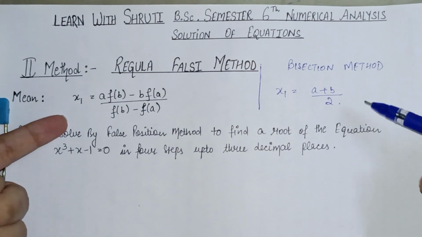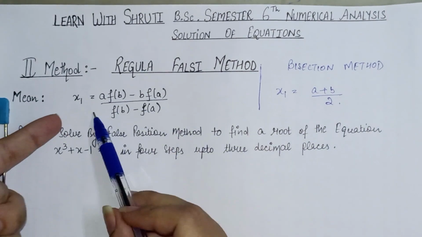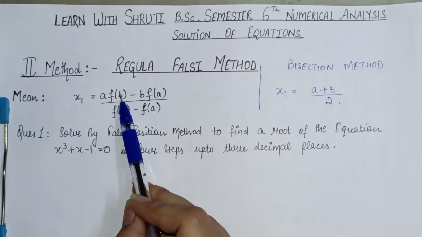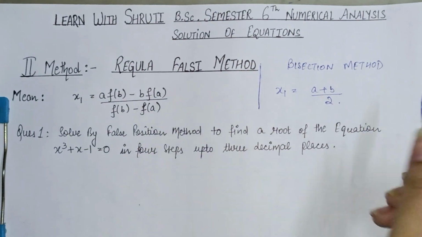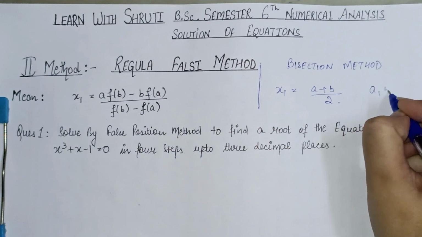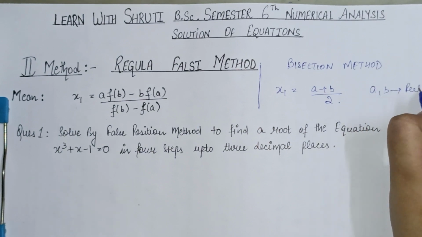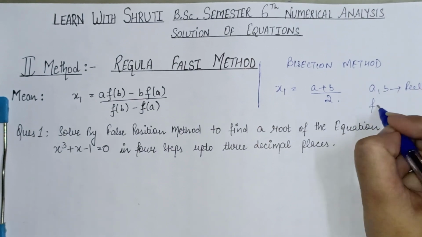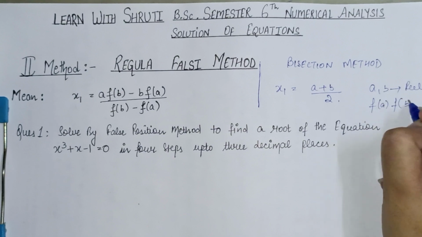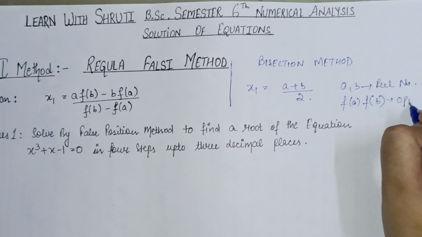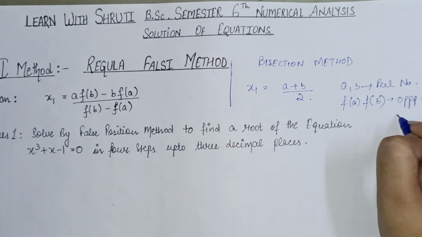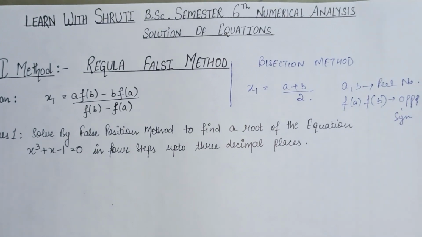So the mean is changed to x1 is equal to a f of b minus b f of a upon f of b minus f of a, where a and b are two real numbers such that f of a and f of b are of opposite sign. Clear? So we should do the first question.